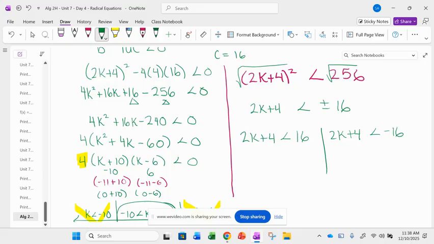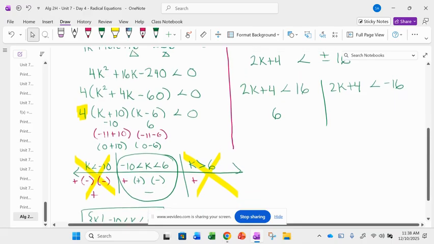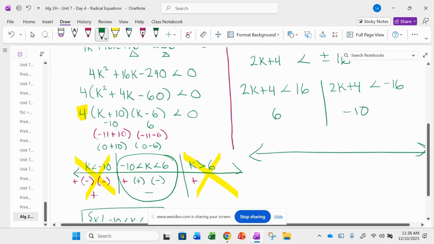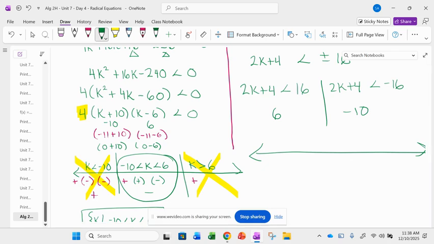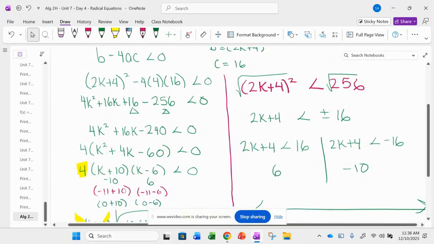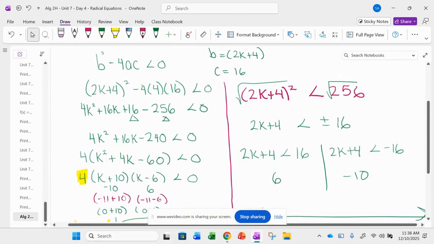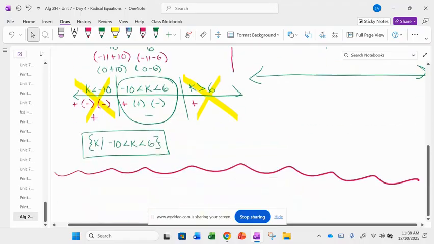And you'd get your two reference numbers. So your two reference numbers would be 6 and negative 10. And then you would have to test the regions. So you still had to recognize it as a quadratic inequality and you still had to test the regions, where this way it's a lot harder to see that, but it's still the same. Okay.